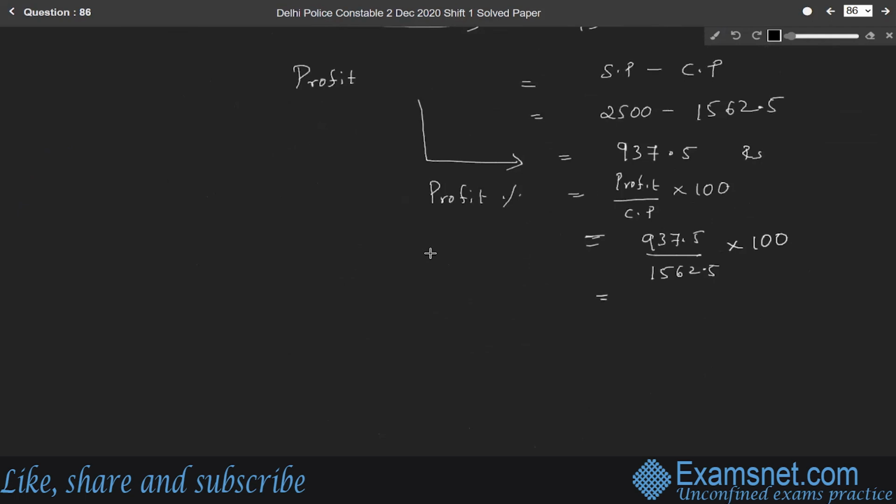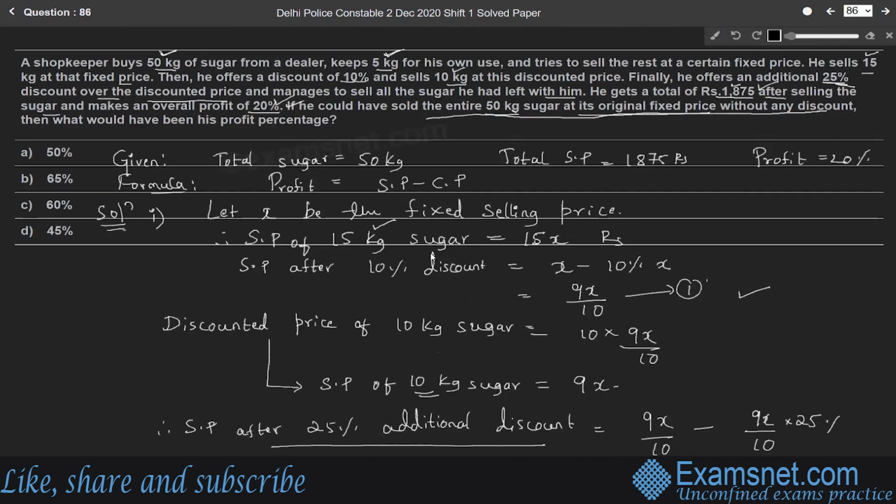A bit lengthy process. The solution is here. So here, after simplification, you will get 60%. Profit percentage is 60%. Hence, option C is the right answer.